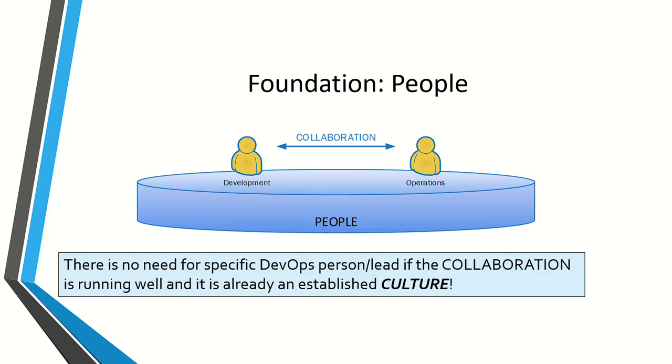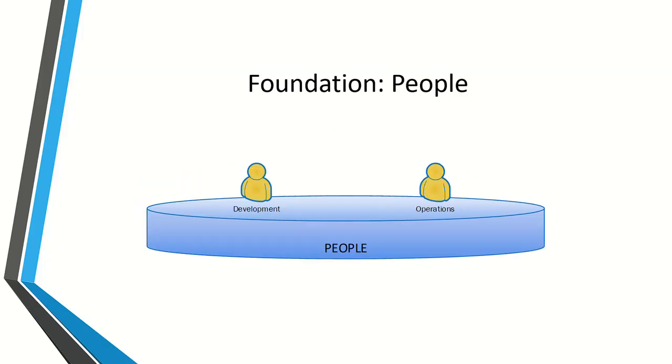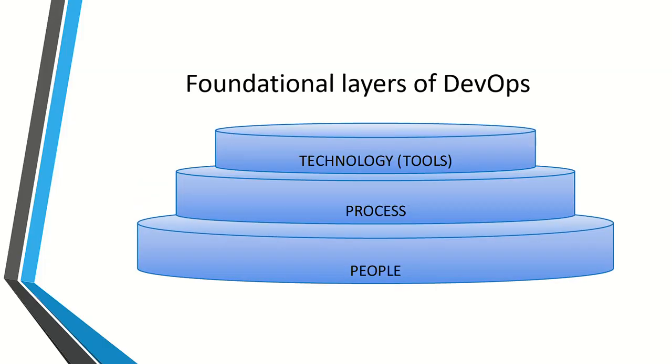Okay, now you have the culture. Now you have the collaboration. The people are there, right? Because if you don't have all of those, the people, the culture, collaboration, and so on, then you cannot have process and technology. Why? The process may be there, but if the people will not run the process or don't care about the process, this process will be useless and it will fail.